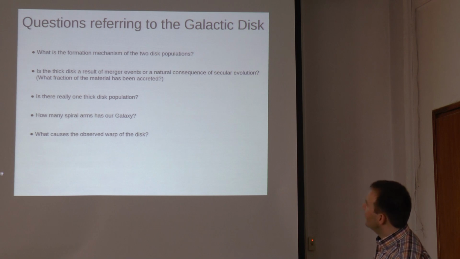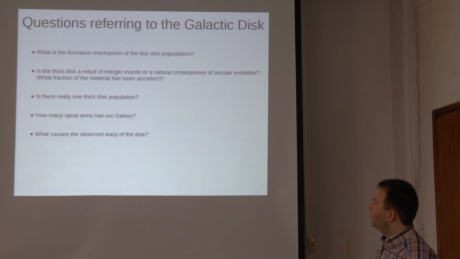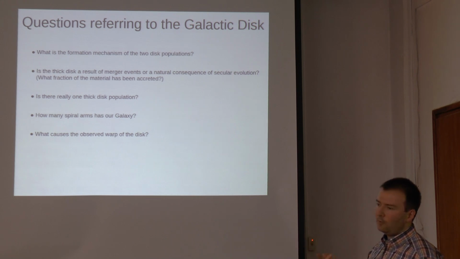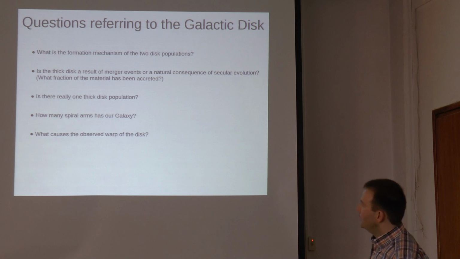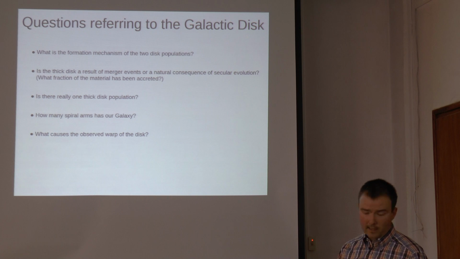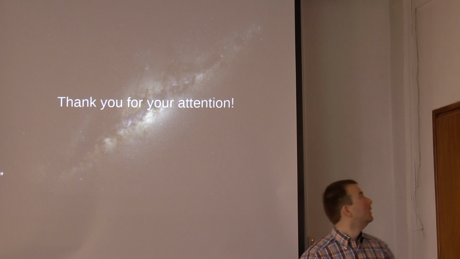And questions referring to the galactic disk: how the disk was formed, and how many spiral arms do we have, 2 or 4? And of course, what forms the galactic warp? Okay, thank you.